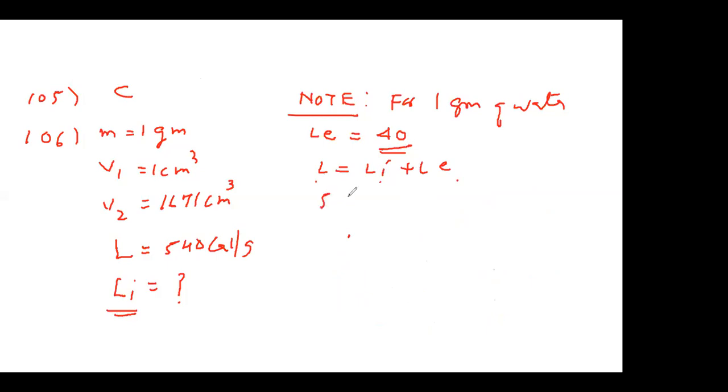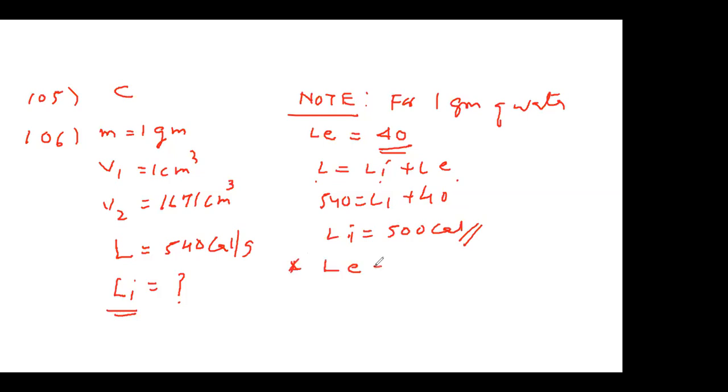So 540 is internal plus external 40, that is equal to 500. This is internal. 500 calories. This is without calculation, by remembering. Now with calculation we'll see.